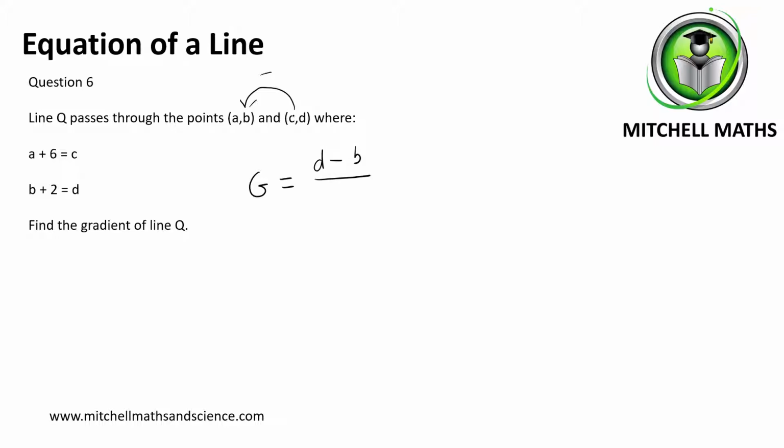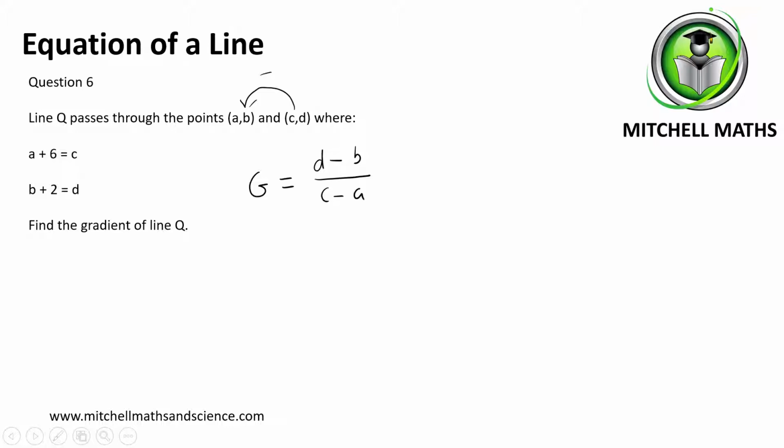And we've also got c take away a for the change in x, because we need to take away the y coordinates from each other. We need to take away the x coordinates from each other in order to get our gradient. But this doesn't help us because we don't actually know what the numerical value for d and b is, and we don't know the numerical value for c and a.